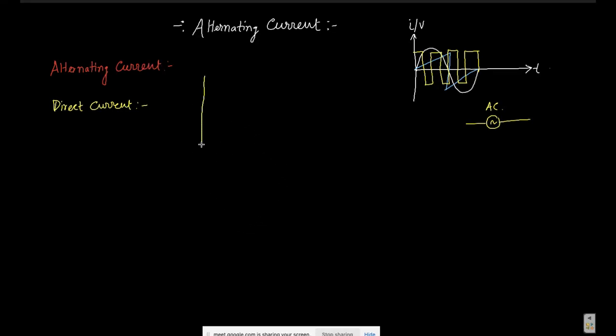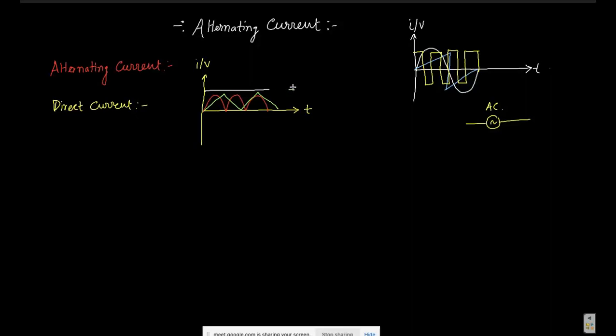If you plot the waveform of the direct current, it is also dependent upon time, and if this is I and T, then the graph becomes like this, or a steady current, that is the pure DC, like this, or a triangular current like this. Okay, so this is the direct current.